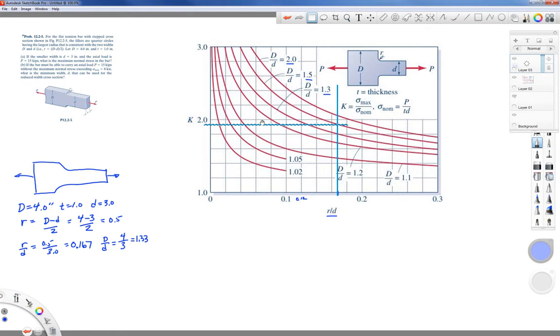And we should find the 1.33. Now 1.3 is the line. 1.33 is going to be a little bit above that, maybe about here. 1.5 is the next line. So I'm going to say it's approximately in that position.